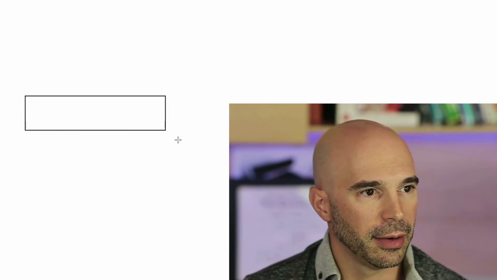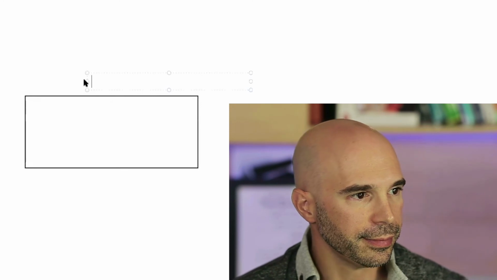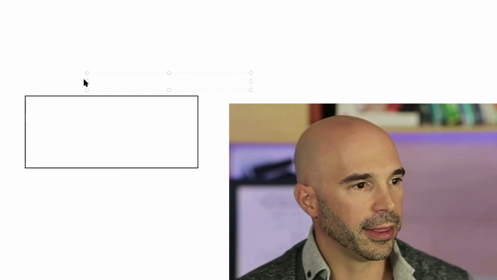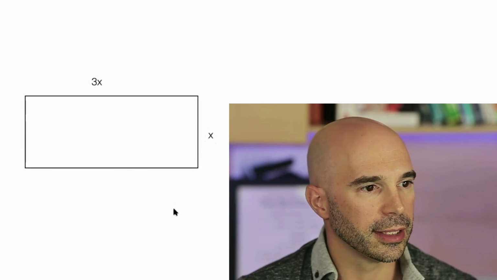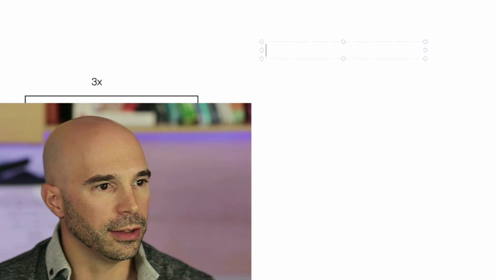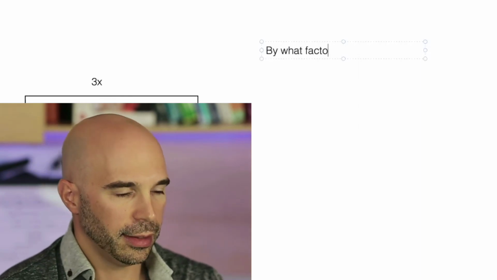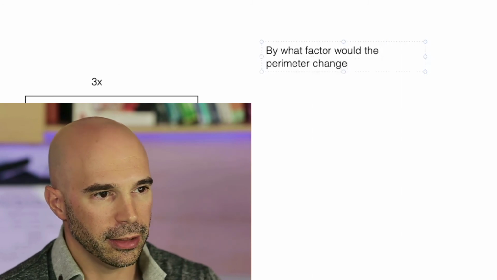Imagine that we're talking about the perimeter of a rectangle. That would be completely analogous. The perimeter of some rectangle, what would happen to it if I know that the rectangle is such that the length is 3 times as long as the width? So we know that, and we want to know by what factor would the perimeter change?